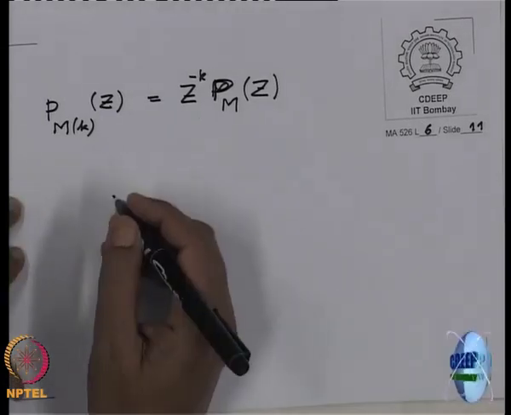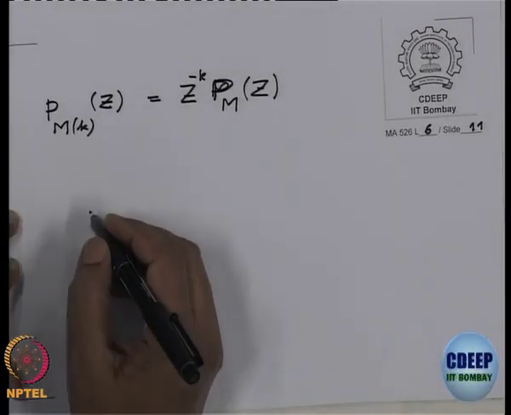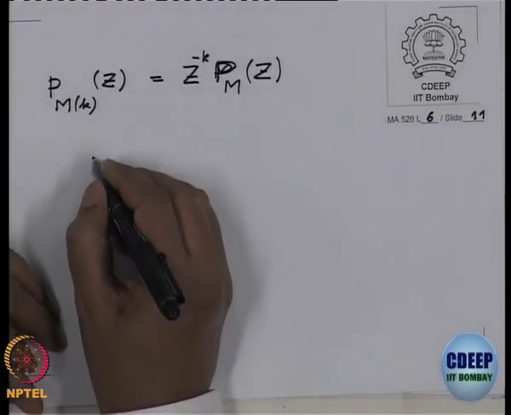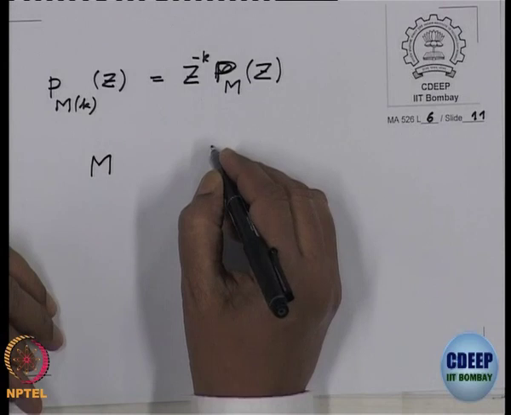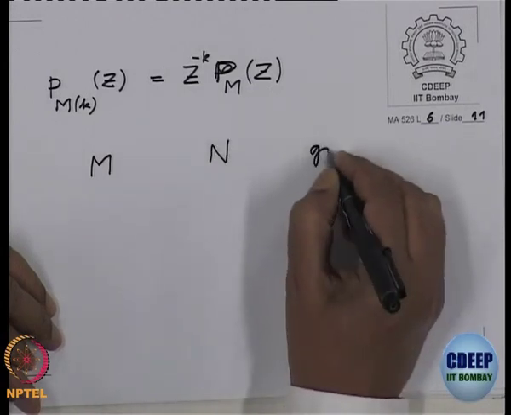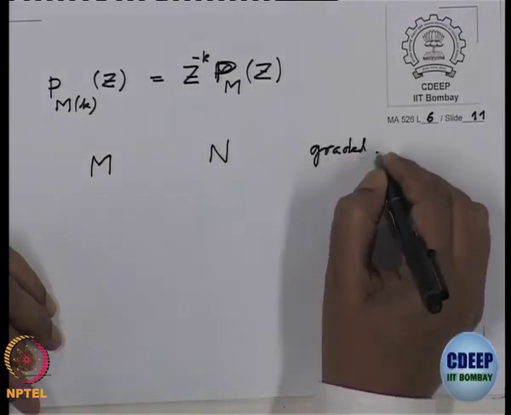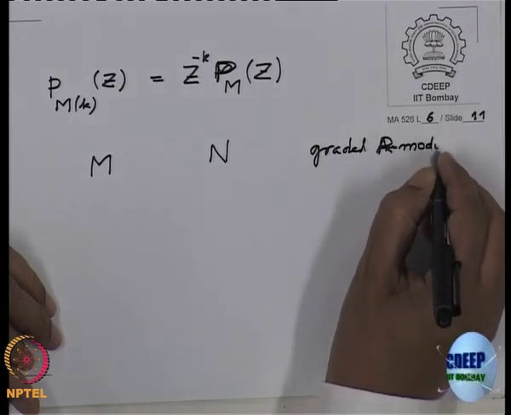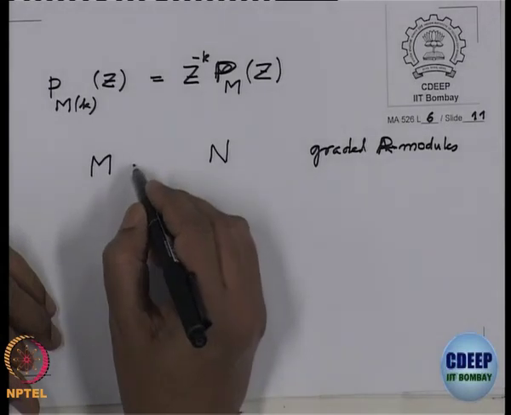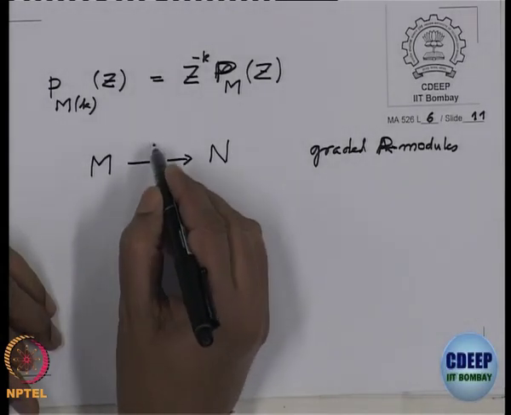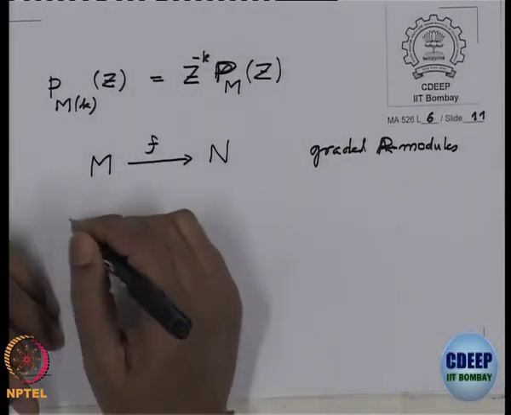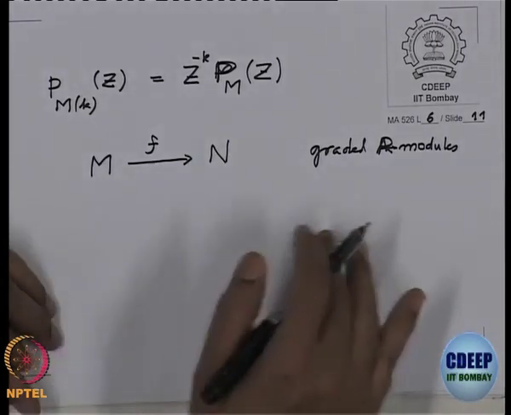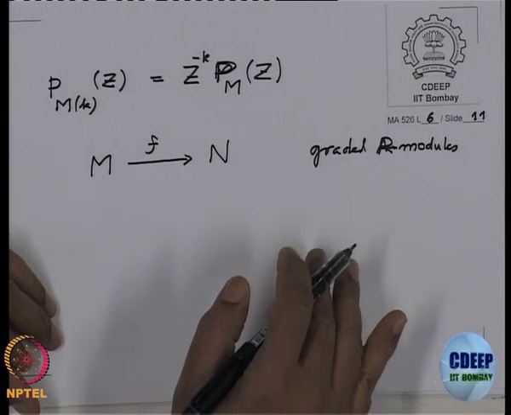Now before I state the next one, suppose I have two graded R modules, M and N. Then what is a homomorphism between them? That should respect the gradation, that means the homogeneous component of degree n should go inside the homogeneous component of degree n.